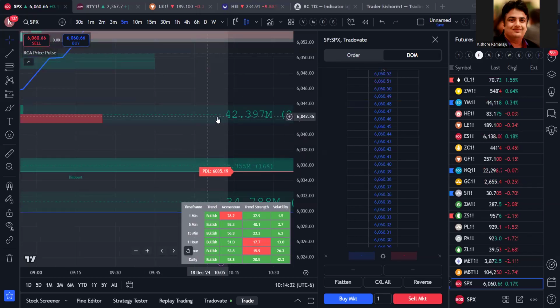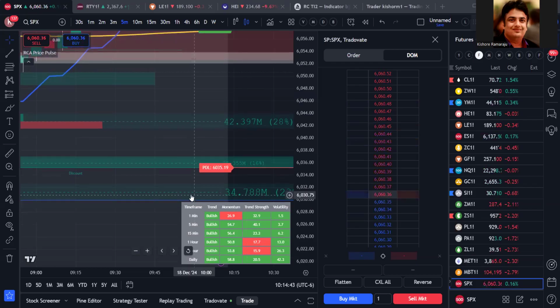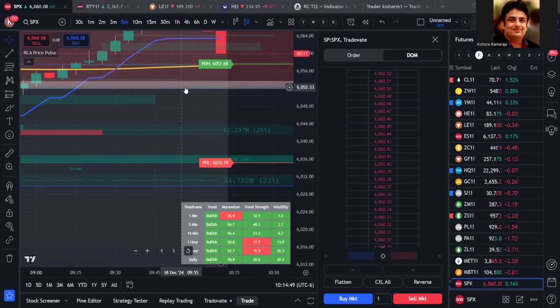That means they placed limit orders, right? They don't just buy using market price. They don't do market orders. They put limit orders using their algos, because they are thinking that this is a cheap price. They always try to buy less than the fair value price.